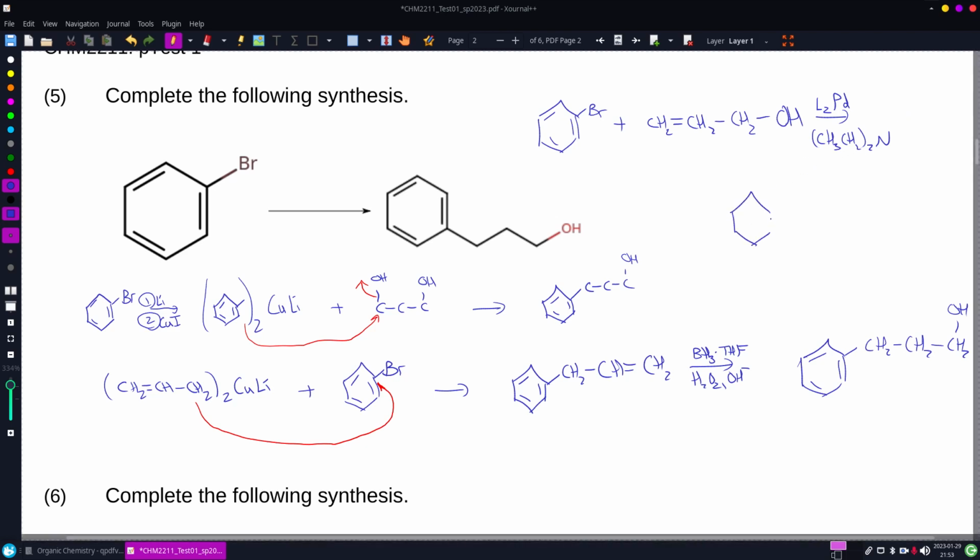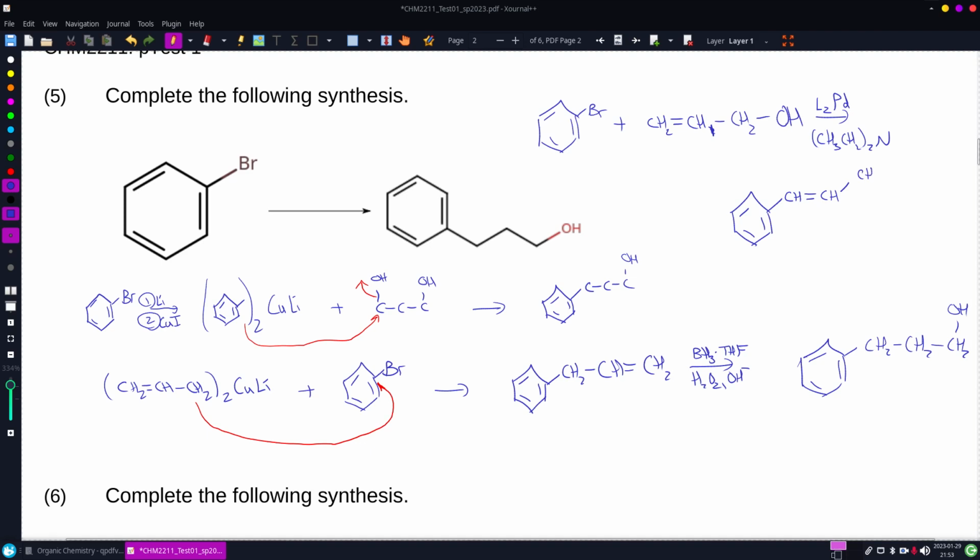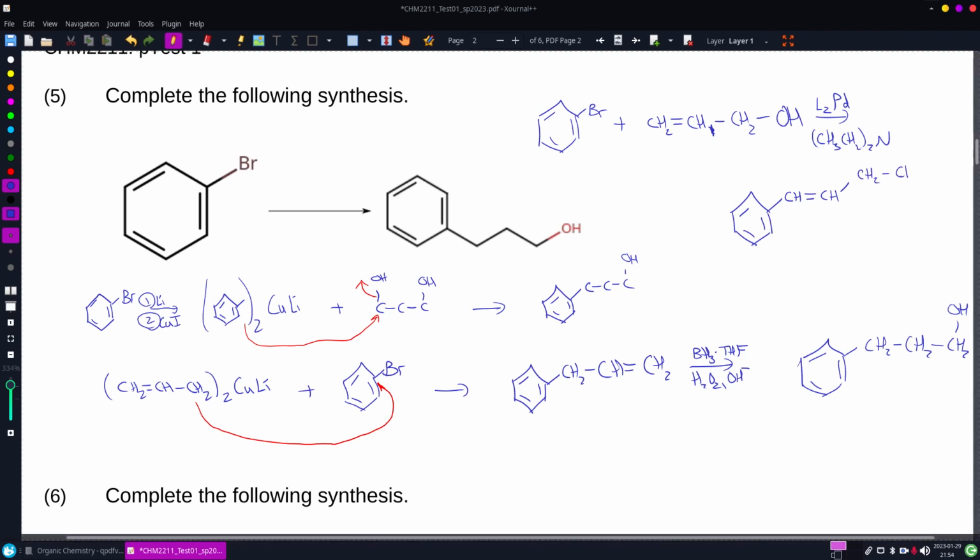And for the most part, we're going to end up with a trans configuration along the double bond. So I have the double bond still here. Now just one CH, because we're going to lose one H with that when it bonds there. And I guess that's just a CH. But this will be trans because that's the nature of Heck reactions. They favor making trans.